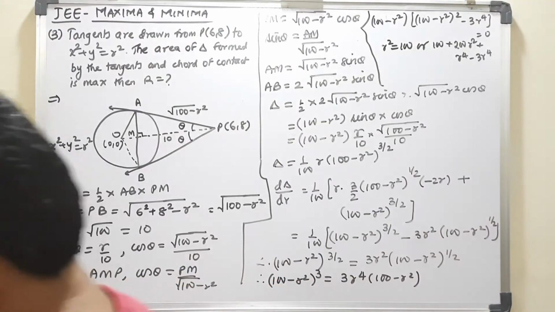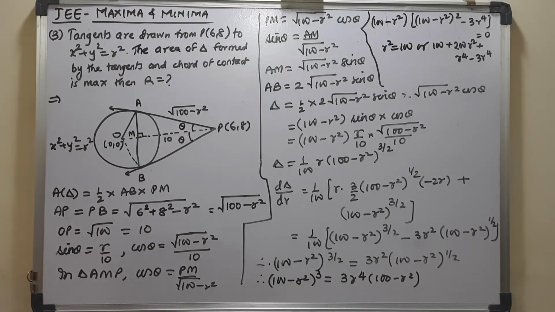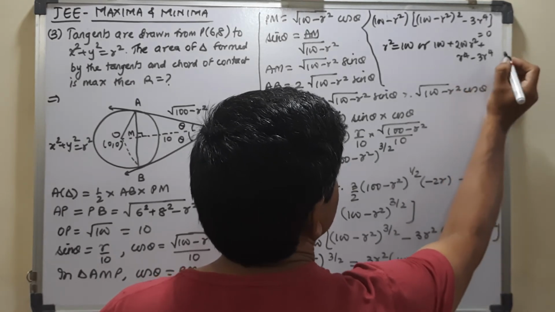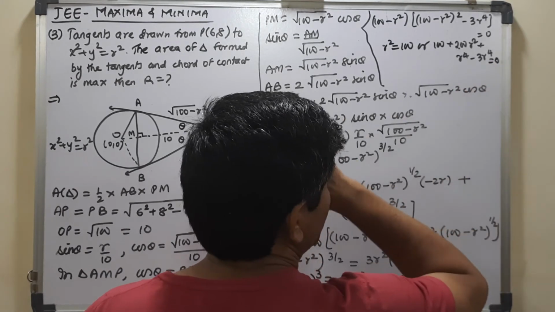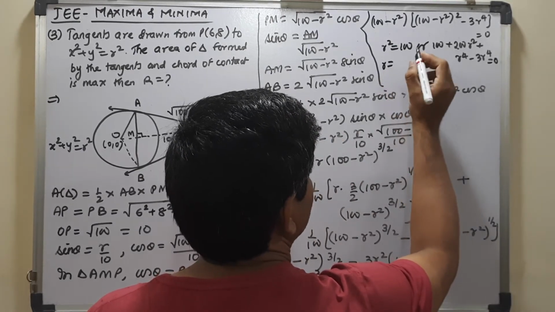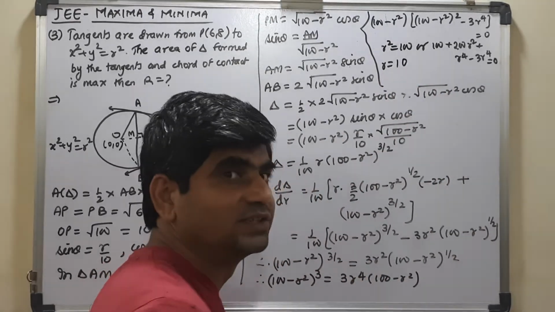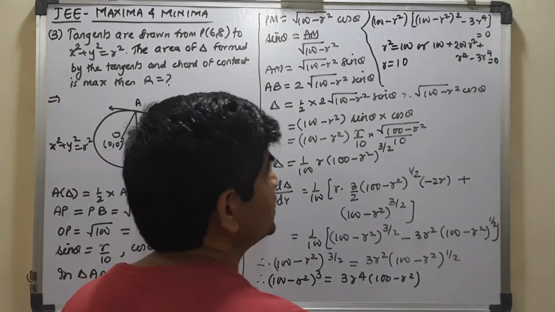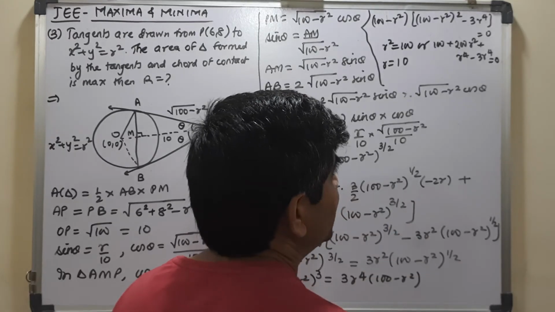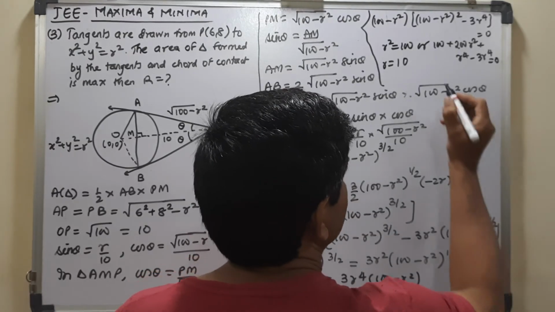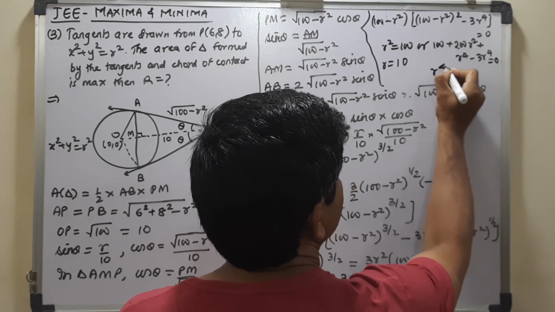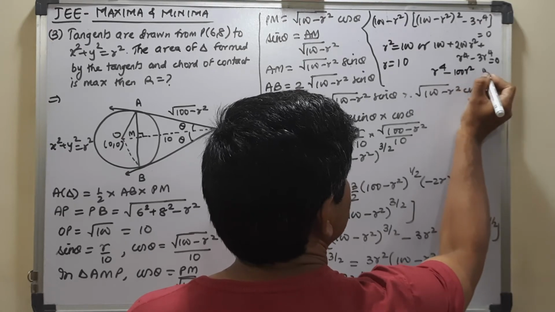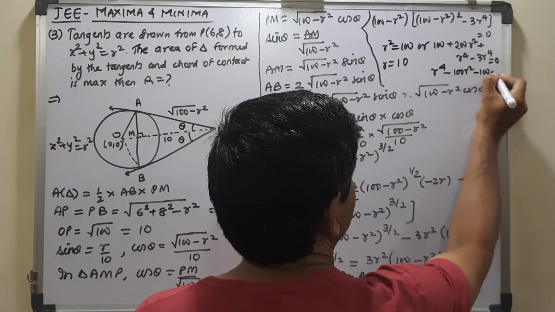Your r, I can take only the positive value because it is radius, so no need of taking r is equal to minus 10. So this becomes minus 2r square, which becomes r raised to 4 minus 100 r square minus 100.